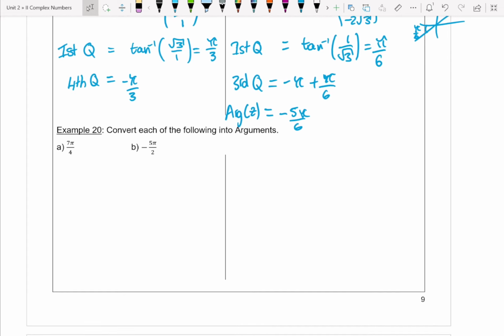Example 20, convert each of the following into arguments. So arg of z is going to equal 7 pi on 4 take 2 pi. So that's 7 pi on 4 minus 8 pi on 4, because we can see 8 pi on 4 is the same as 2 pi.